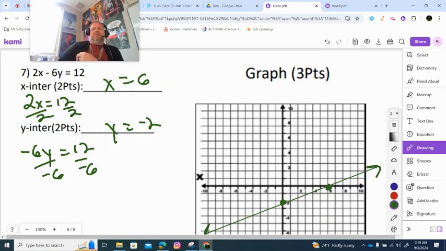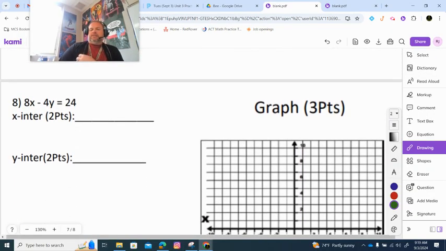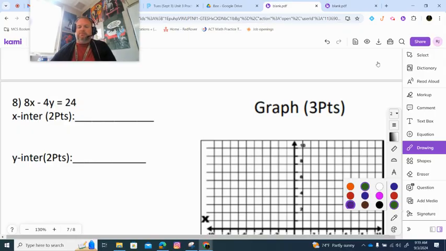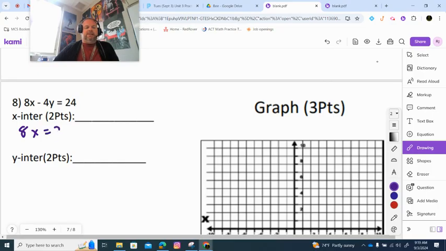And is everybody good with this one? Okay, number 8. Yes, I know the numbering is still wrong. That's what makes life exciting.